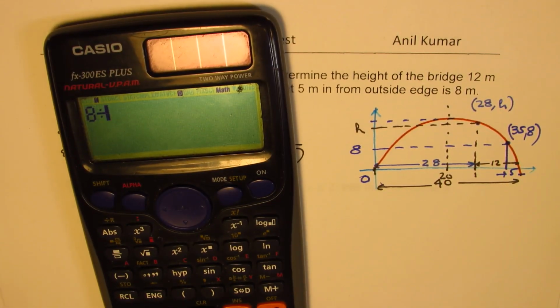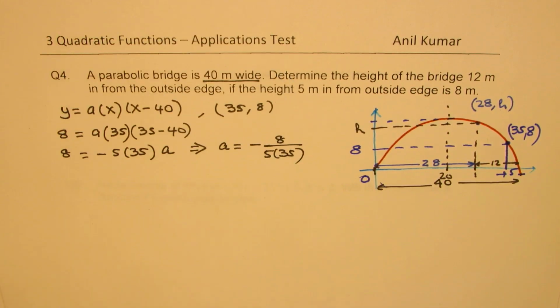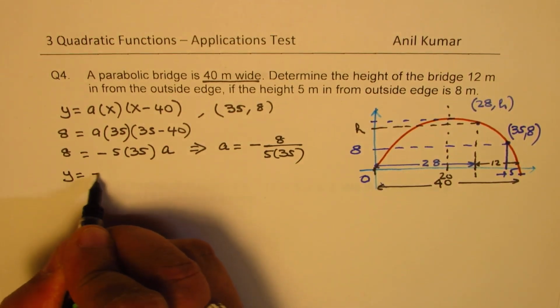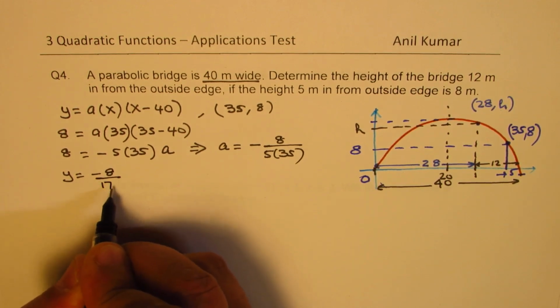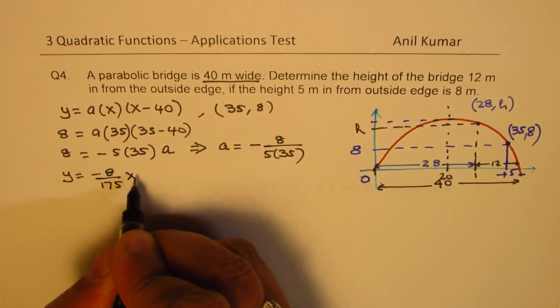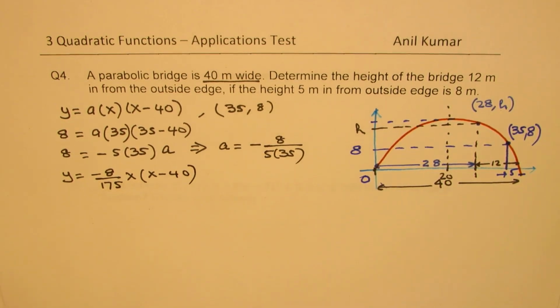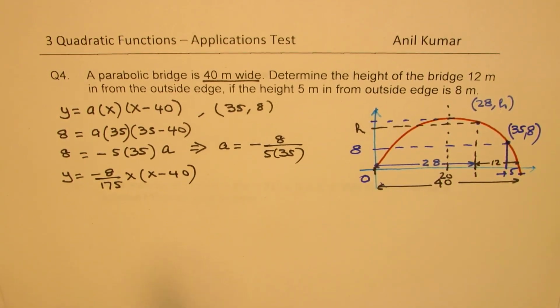So 8 divided by, within bracket, 5 times 35, which is 8 over 175. So we get y equals minus 8 over 175 times x times x minus 40. So that becomes your function.